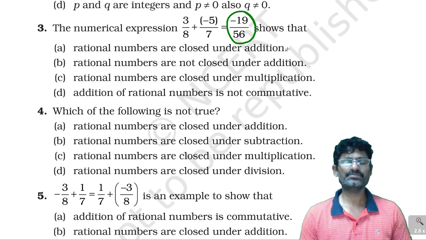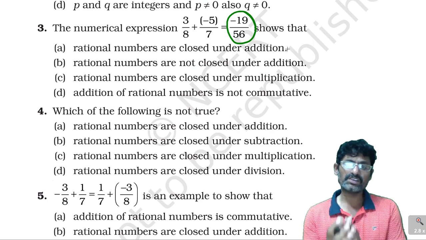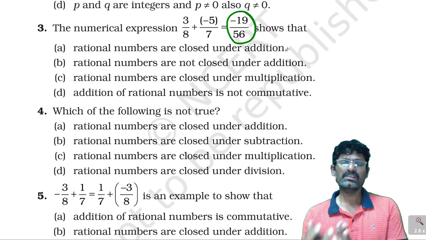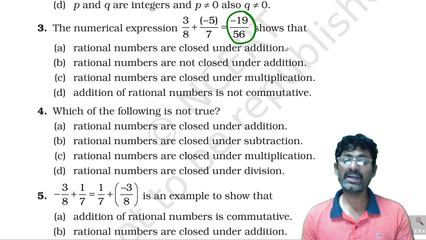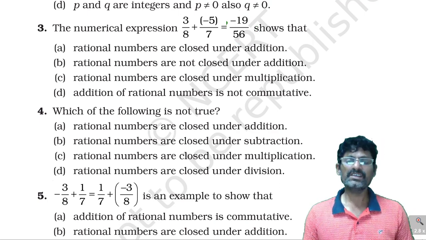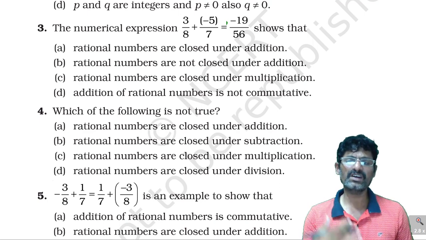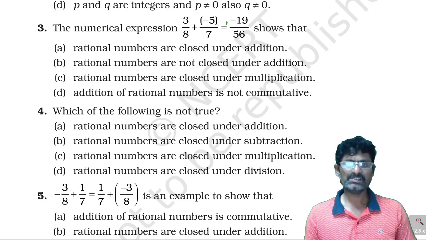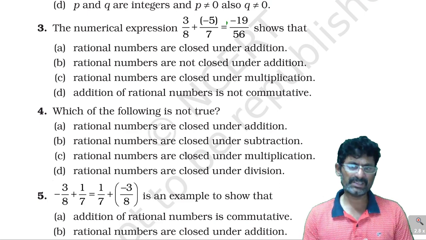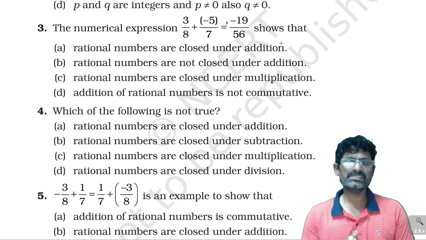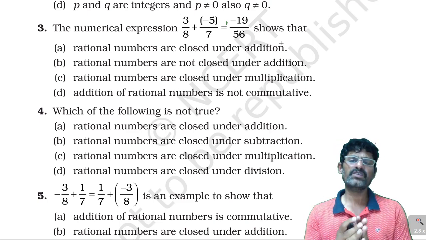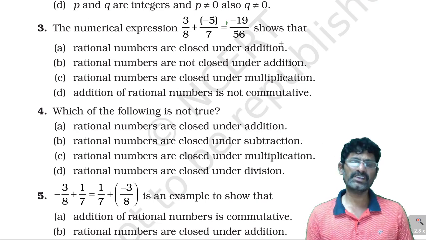So if we add two rational numbers, we get another rational number as the result. Clearly, this property shows rational numbers are closed under the operation addition. So this is nothing but the closure property of rational numbers under addition.